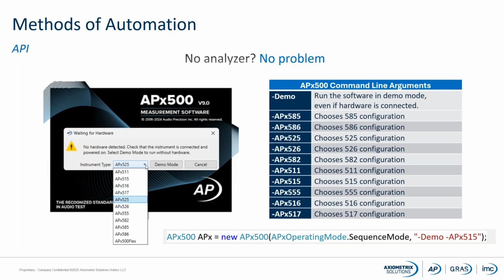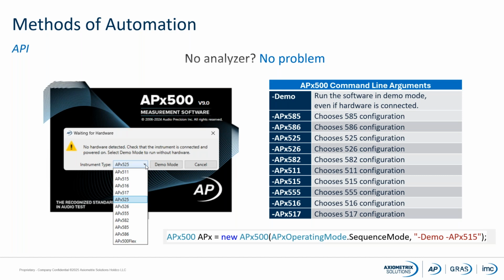If you don't have access to an analyzer currently, maybe you loaned it to a colleague, then you can still make progress programming. What you see on the left side of your screen there is the prompt that you get when you launch APx software without an analyzer connected.